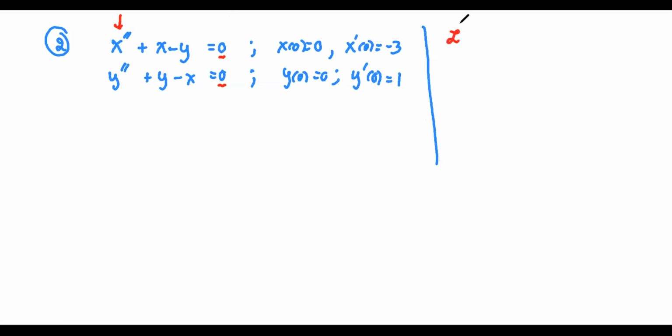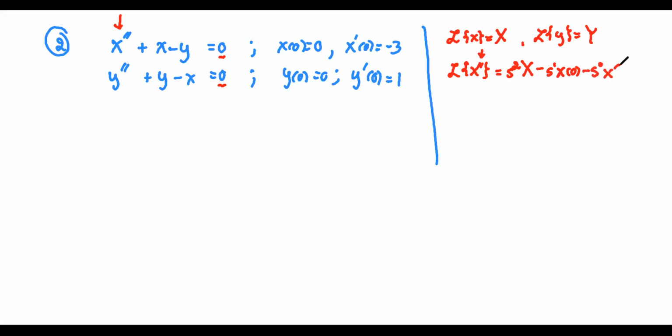The Laplace of the lowercase x is the uppercase X. Laplace of the lowercase y is the capital Y. And for the second order, the second derivative, we start with s to the power 2 times the capital X, minus s to the first times x at 0, which is the lowest order of the initial condition, and then minus s to the 0, x prime at 0.